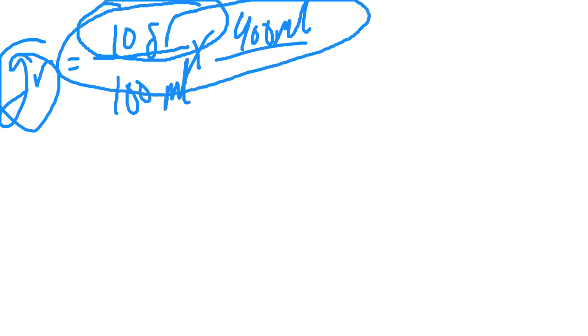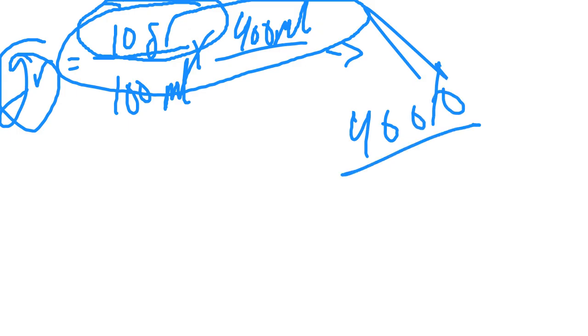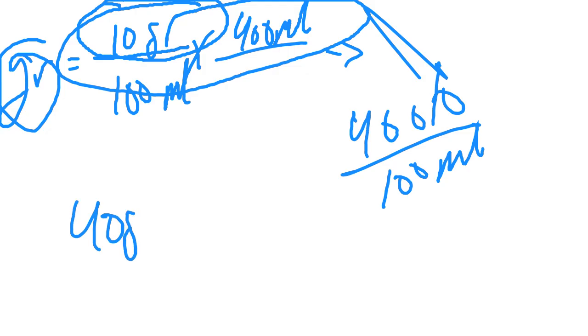In this case, it will be 400 times 10. That will give you 4,000. And then you will divide by the bottom, which will be 100 mLs. So after doing the division, you will need 40 grams for a 10% solution.